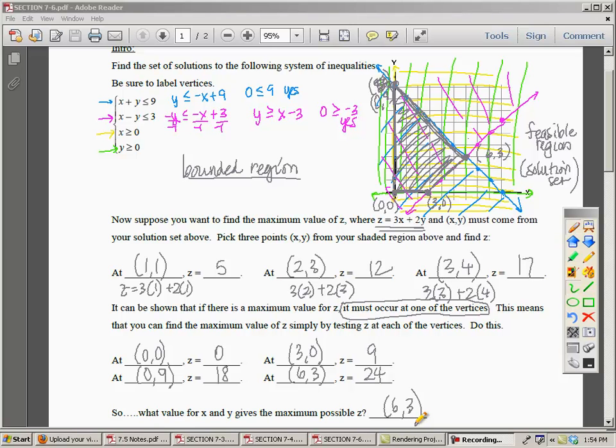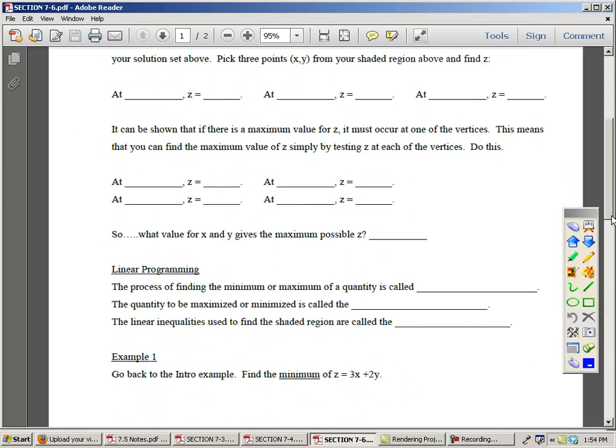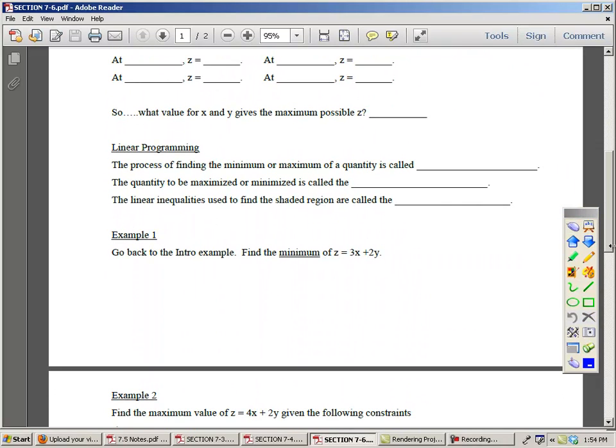So let's scroll down. We're going to use our program from above, but the process of finding a minimum or a maximum we call optimization. We're trying to optimize the value of z, whether it be a maximum or a minimum depending on the situation we're working with.